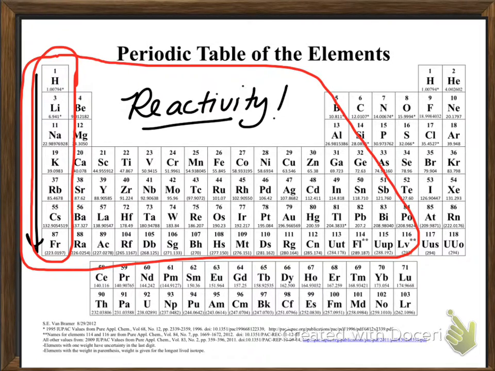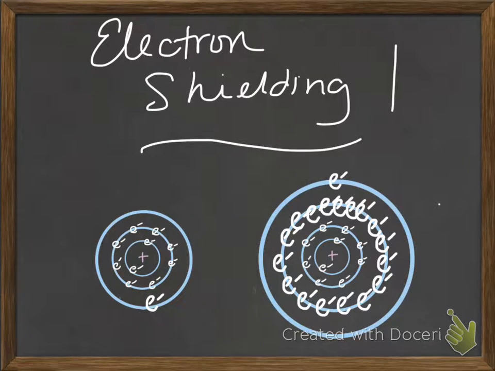Well, why is that? In the metals, what does reactivity depend on? In the metals, reactivity depends on the ability to give up that outer shell electron and become an ion and to react with something else. Well, the farther out from the nucleus, the more shielded that outer electron is, the easier it is to pull it away from the atom.